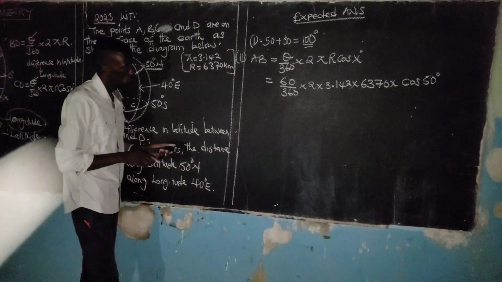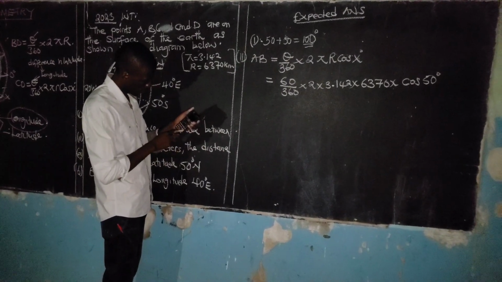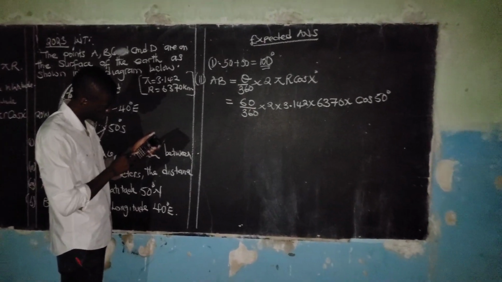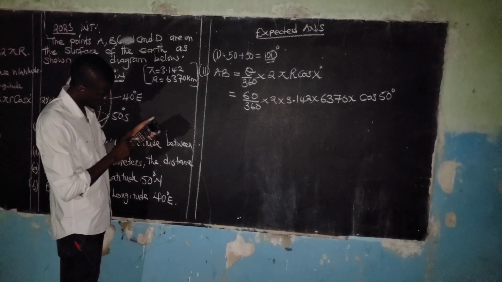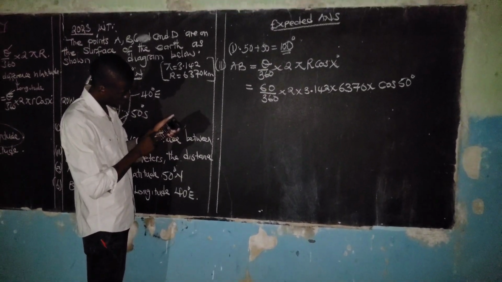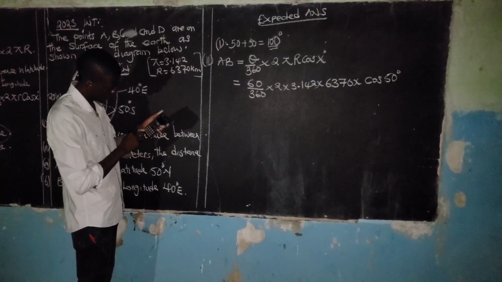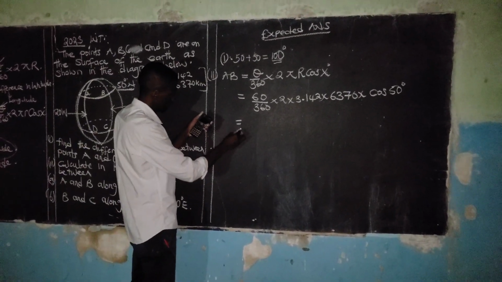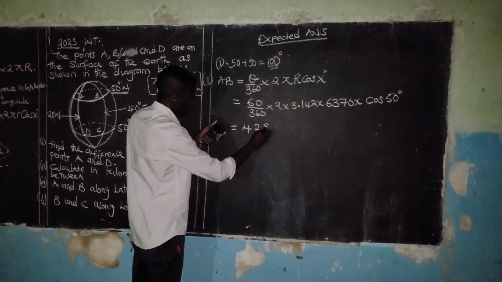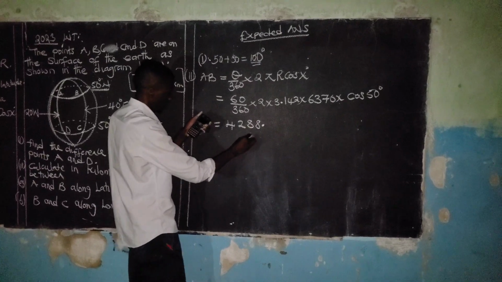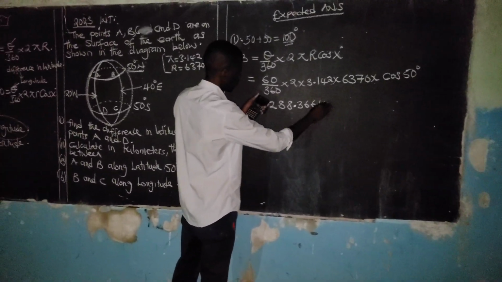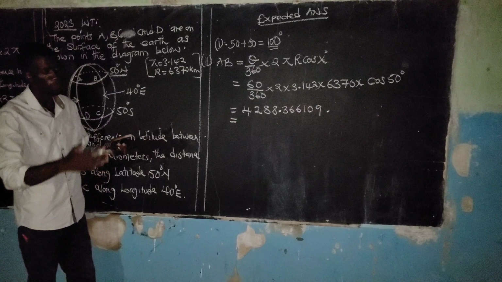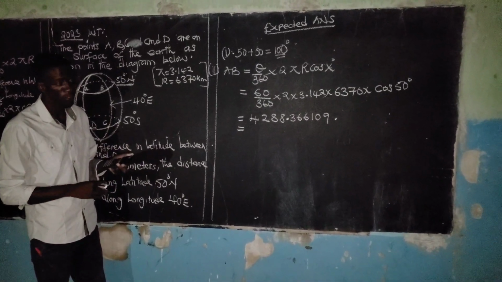So after that, we are just going to punch in 60 divided by 360, of course, times 2 times 3.142 times 6370 times cos 50 degrees. Okay, so it has given us 4288.366109.